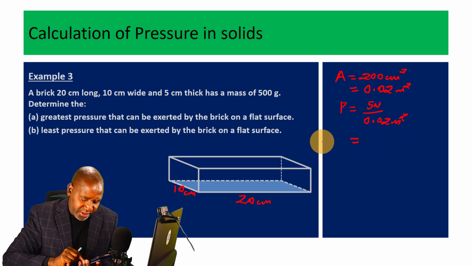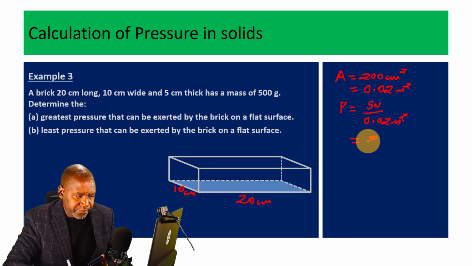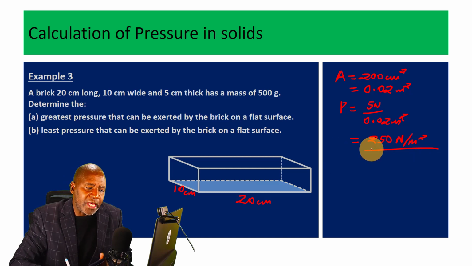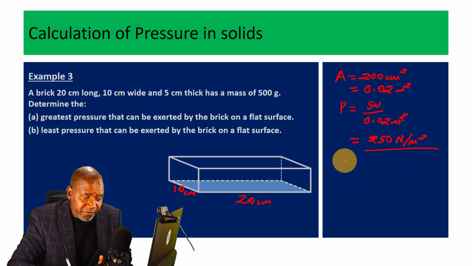That will give me 5 divided by 0.02, and I have 250 pascals or newtons per meters squared. You can see that when the area is doubled, the pressure will be halved. That shows that one of the factors which affect pressure in solids is area.